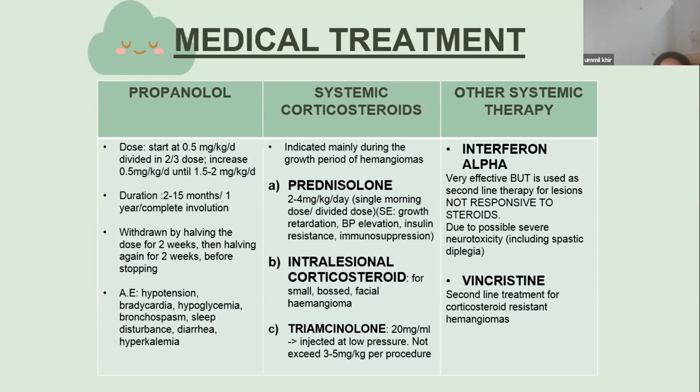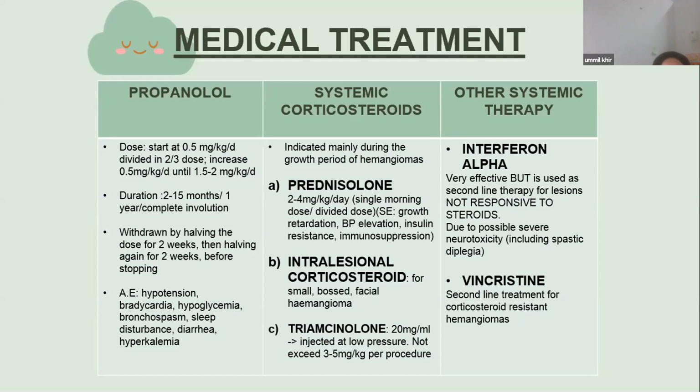It blocks beta adrenergic receptors, so it mainly narrows the blood vessels and reduces the amount of blood flow to that area. So that's why this is usually used to reduce the development of hemangioma. And the second one is systemic corticosteroid.